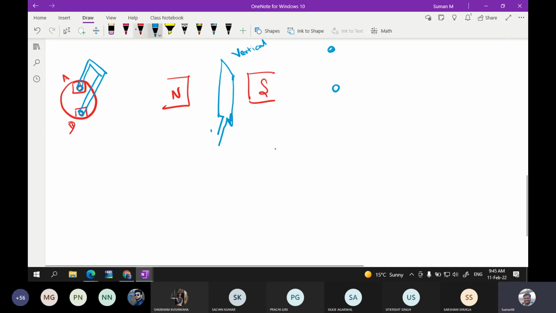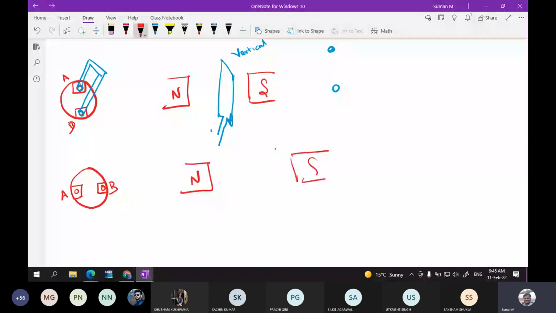So in the second position, the rotor is rotated in the anti-clockwise direction. Then your A terminal is here and B terminal is here. At that time, we are having the north pole here and the south pole here, and the conductor is in the horizontal manner like this. This is the second condition.